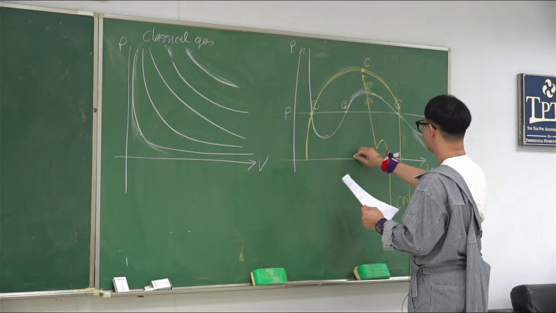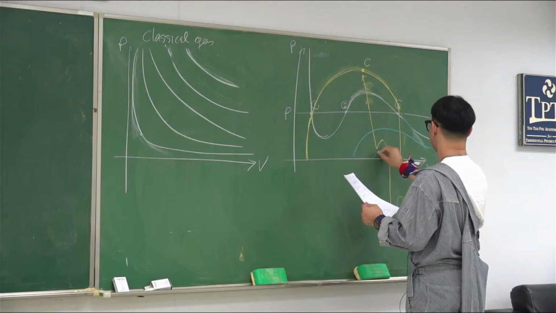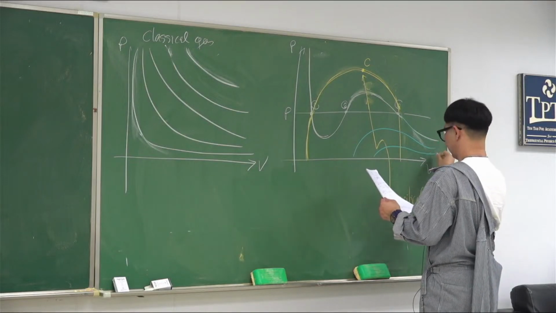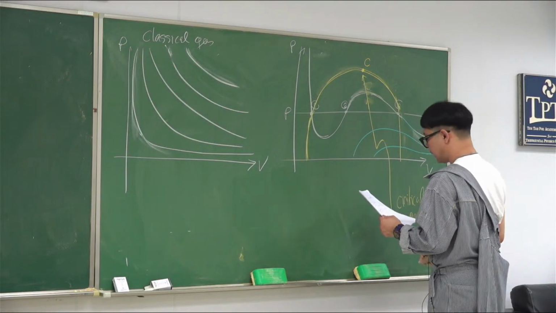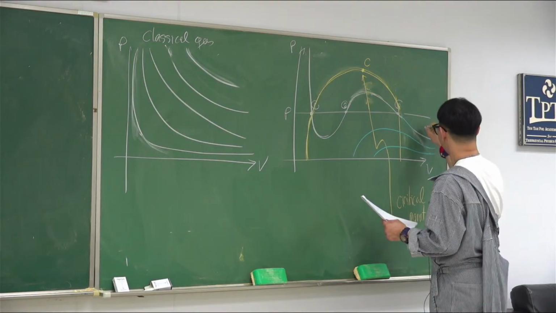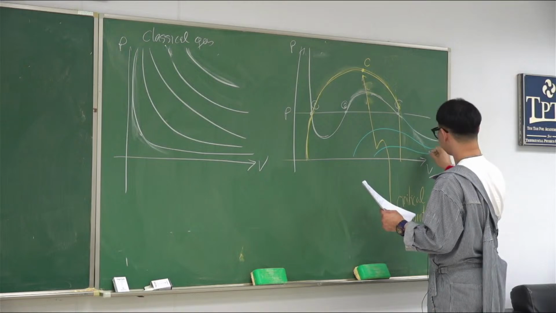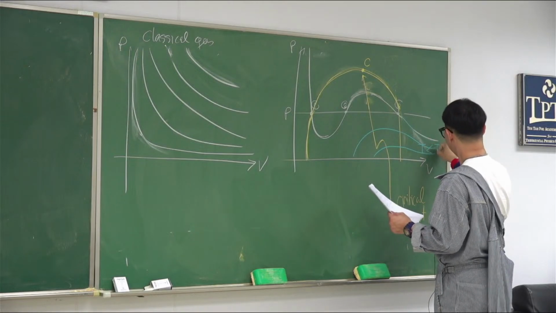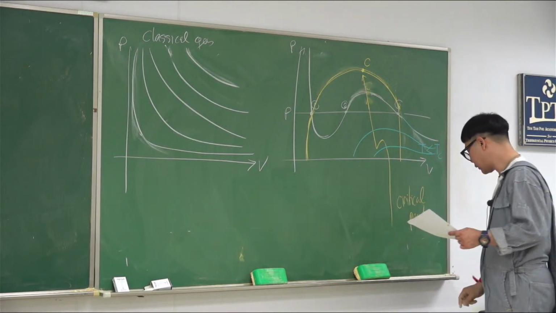Down here, you're going to have a curve like this, where your T is less than critical.